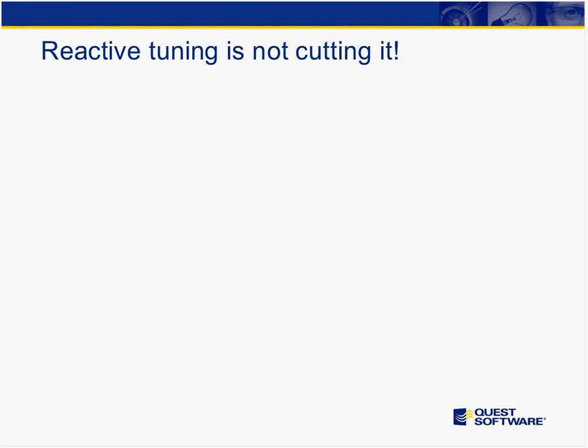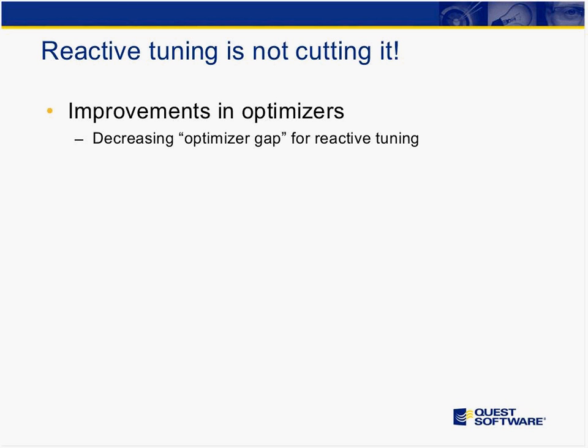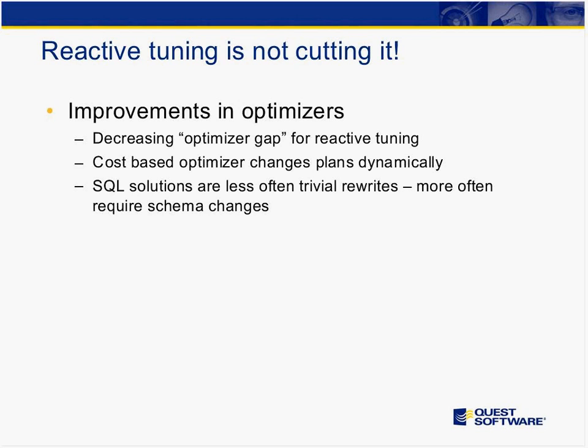Ideally, we'd like to avoid those problems before you get the phone call. The reason the reactive tuning approach is not cutting it today is that the database vendors have made dramatic improvements in their optimizers. So there aren't very many SQL statements left that resolve with some rewrites.